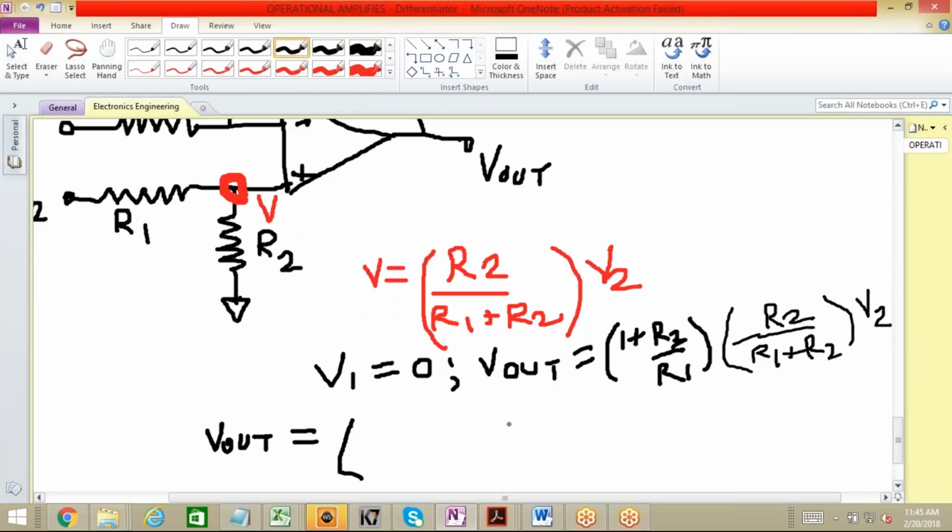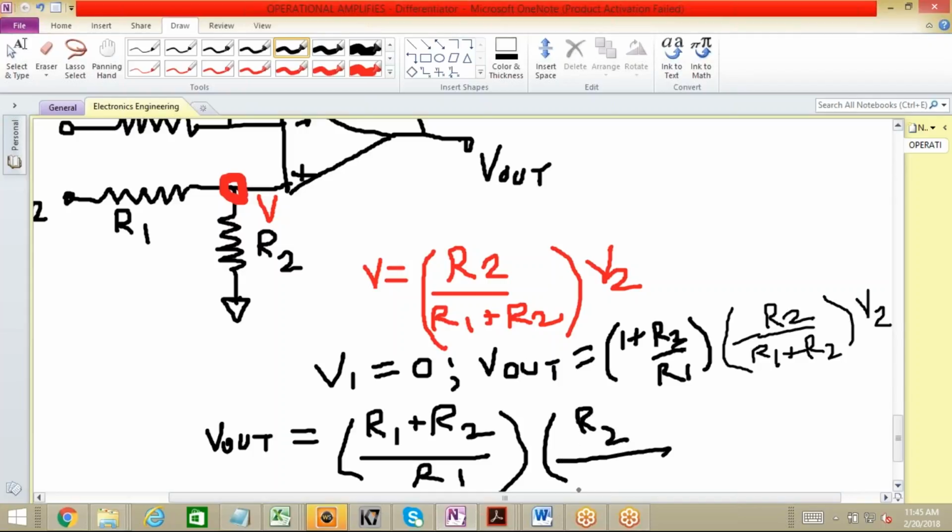It will become R1 plus R2 upon R1, multiplied by R2 upon R1 plus R2, multiplied by V2.